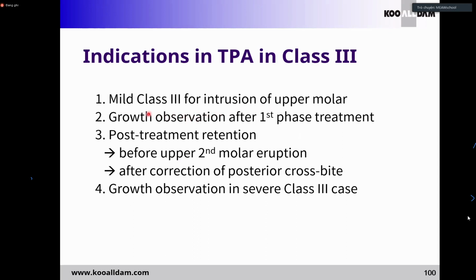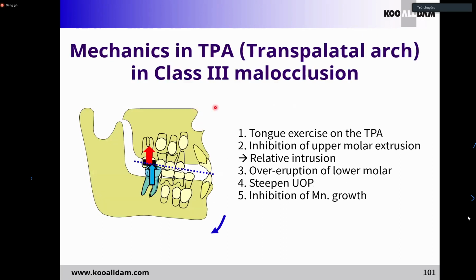You should remember the over eruption of the upper first molar is the main key factor for class 3 malocclusion. So we should control these teeth. So intrusion of the upper first molar. So these are main mechanics in TPA.